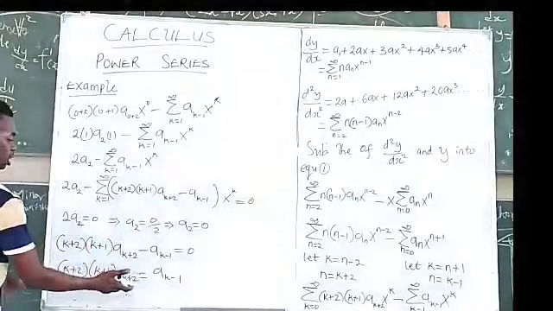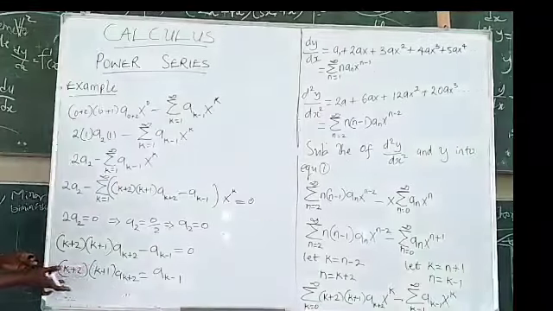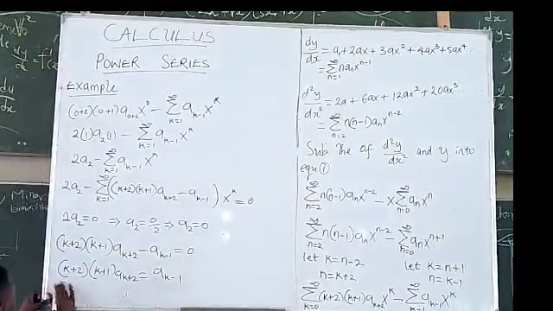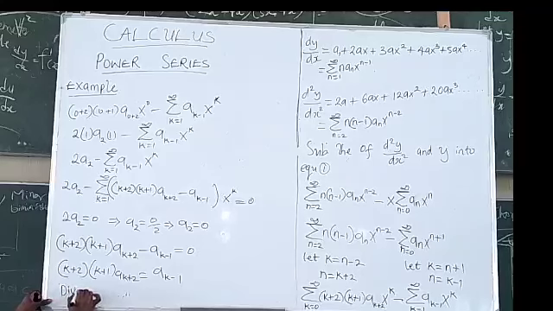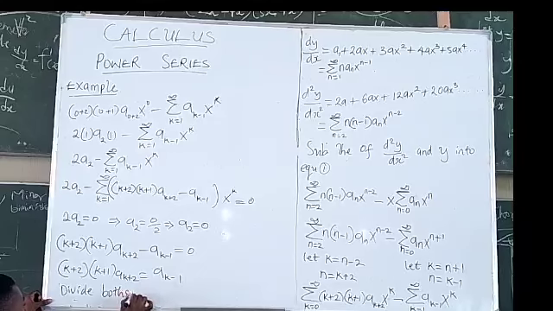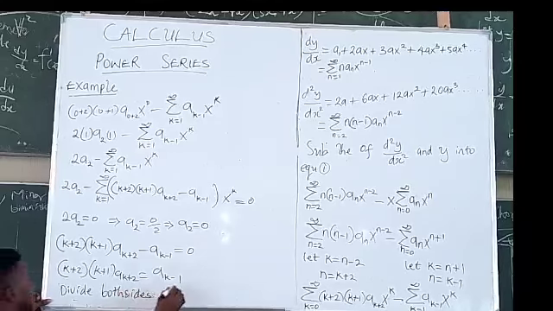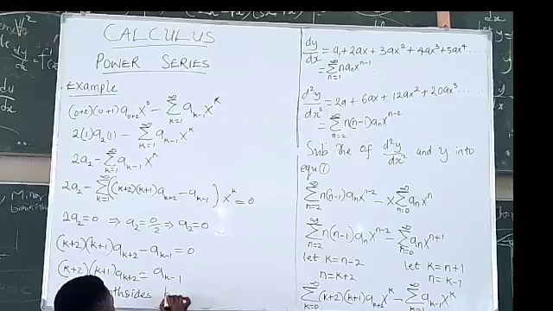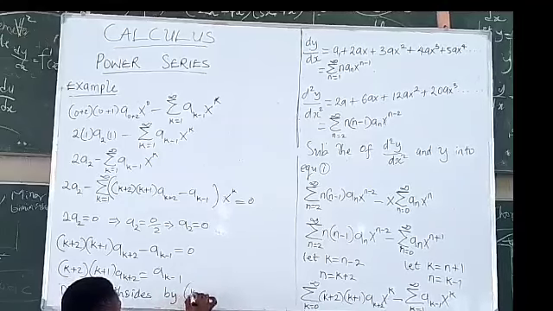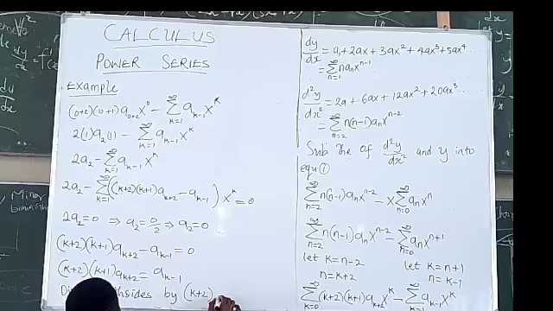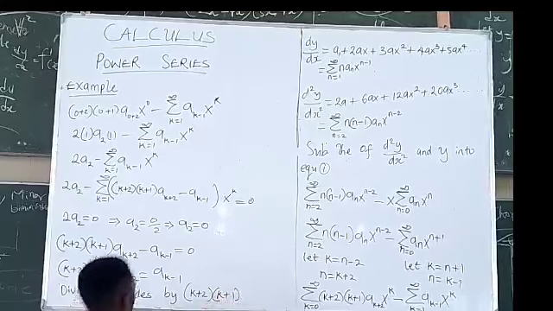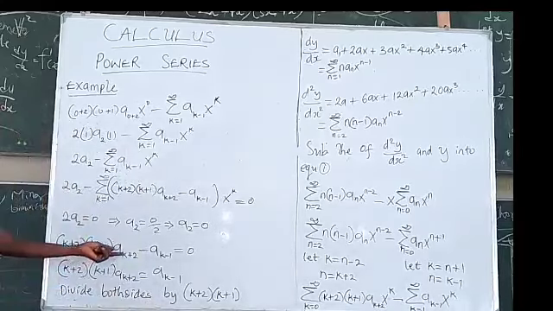Then we divide both sides by k plus 2 bracket k plus 1, because we want to make a k plus 2 the subject of formula.